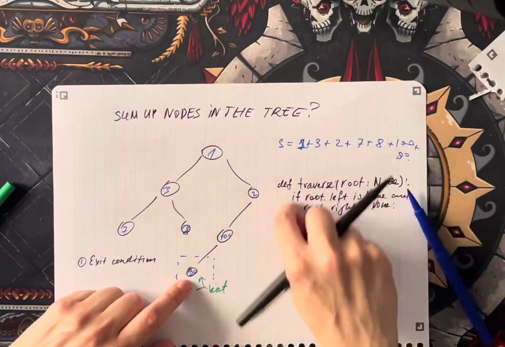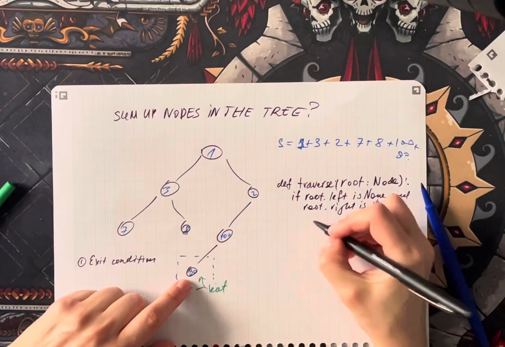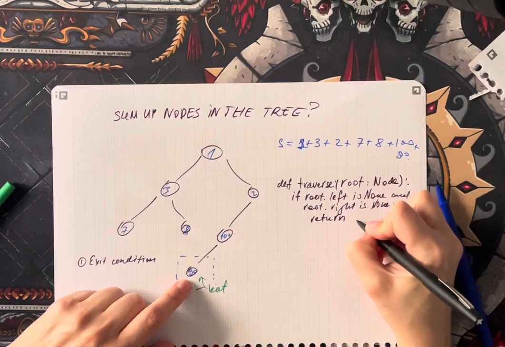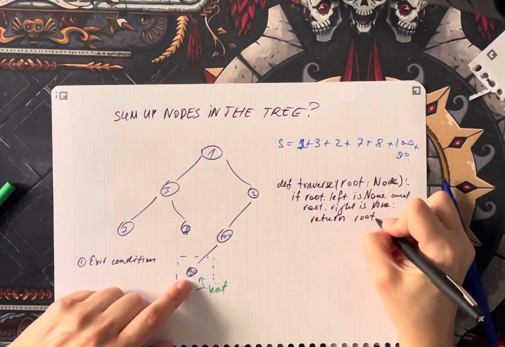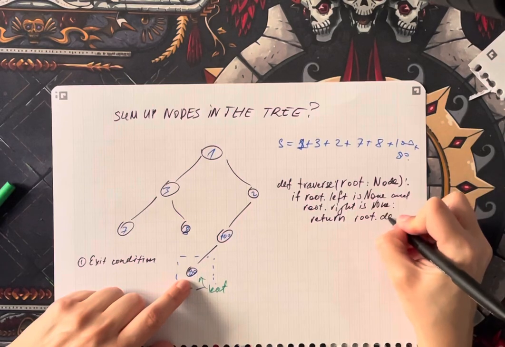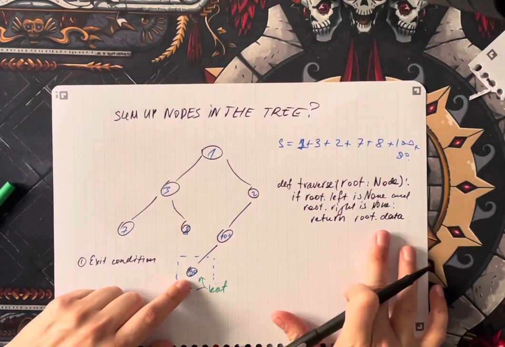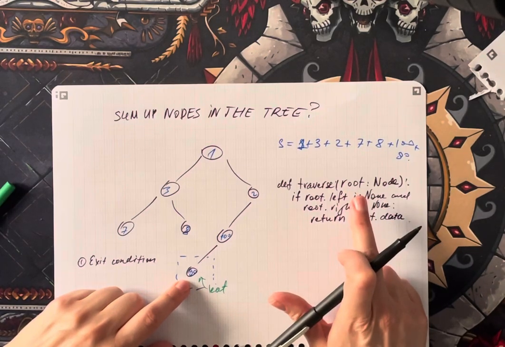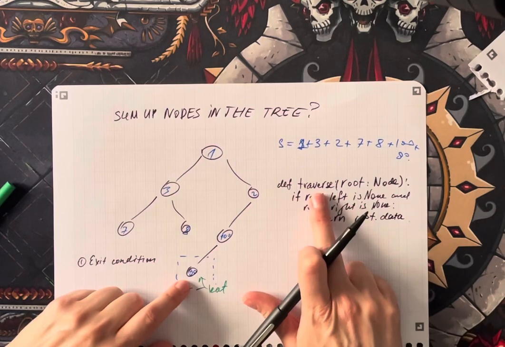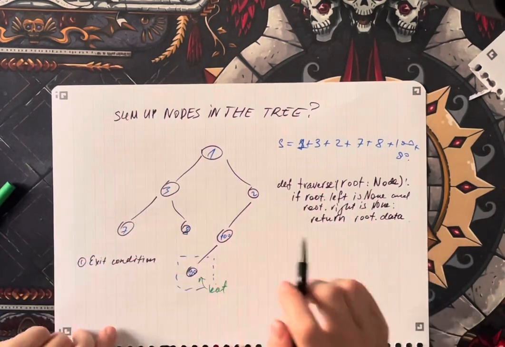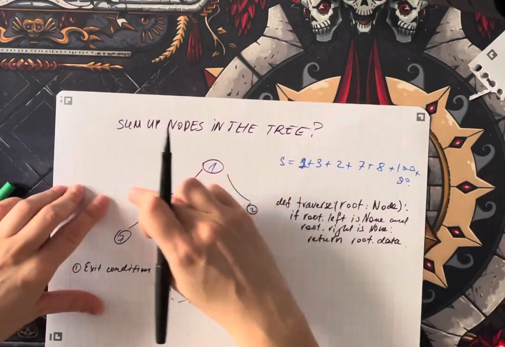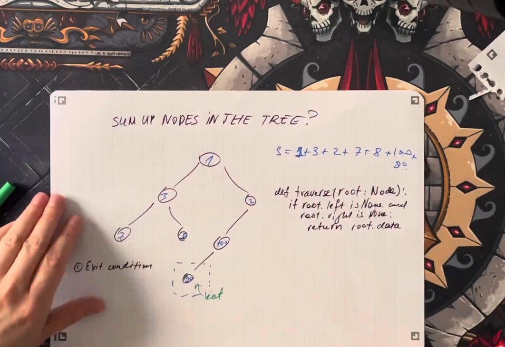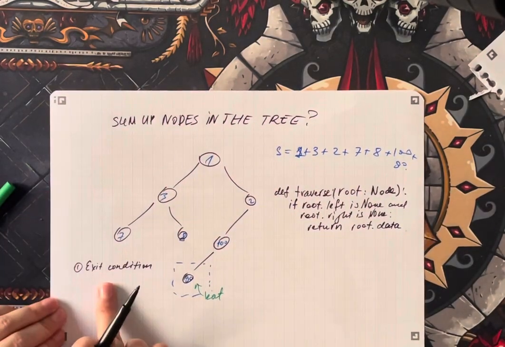So if we know that our tree is limited to this one element, then the answer is just root.data. Now, an important thing: you can see that I call this one root. I could have called it a node, but in general, this function will traverse everything down from a given node. For example, if we call this traverse function from this subtree, it will traverse this subtree and return a sum. So we define the exit condition.